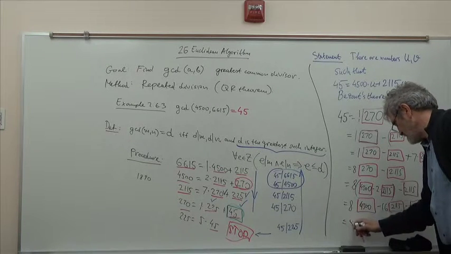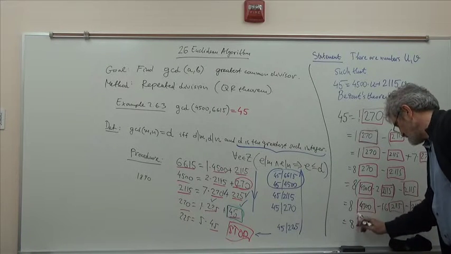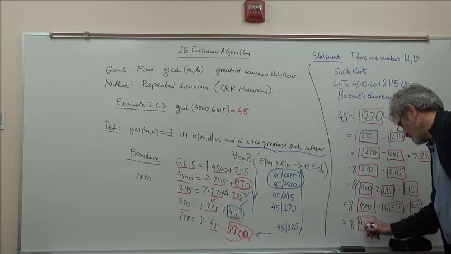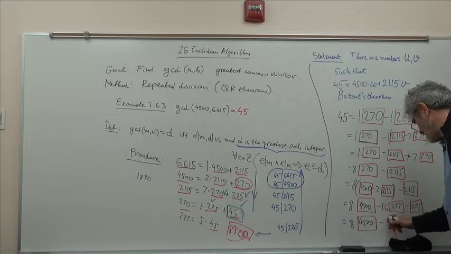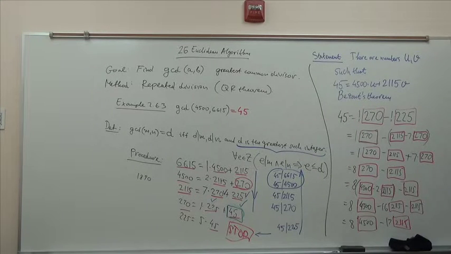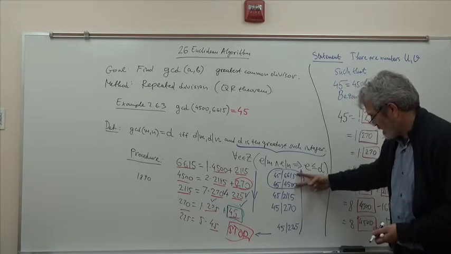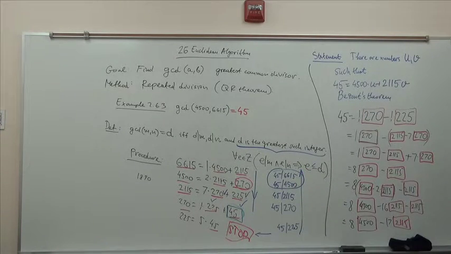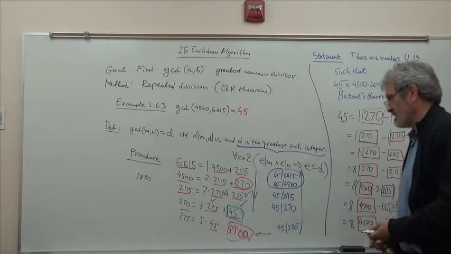So what would that be? 8 times 4500 minus 17 times 2115. Am I there yet? No, I'm here on those 2. Now the last step is to trade 2115 using 6615 and 4500.